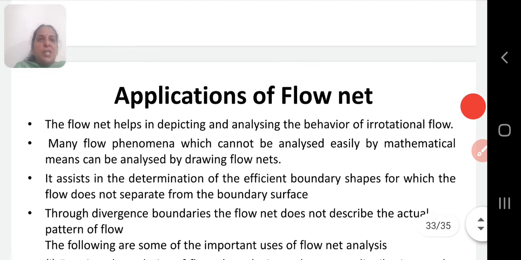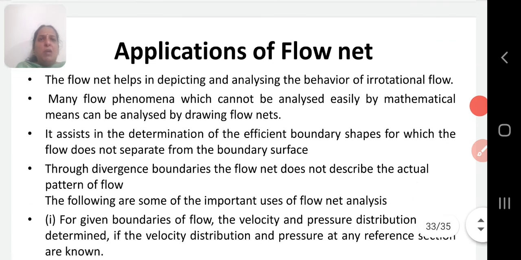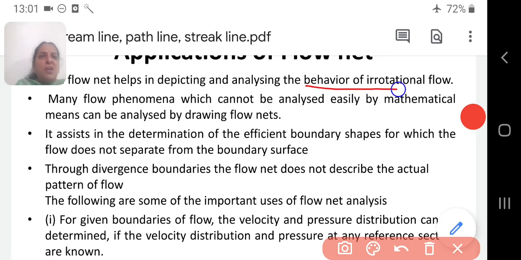So what are the applications of flow net? Why do we want to find out this flow net? This will be helpful to find out the behavior of the irrotational flow. It helps to depict as well as analyze the behavior of the irrotational flow.